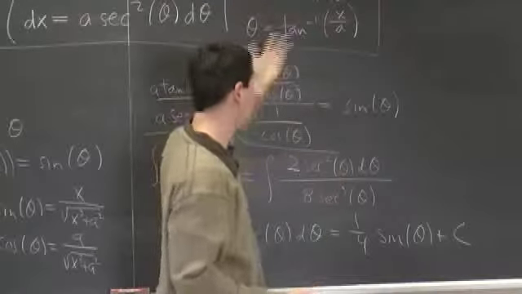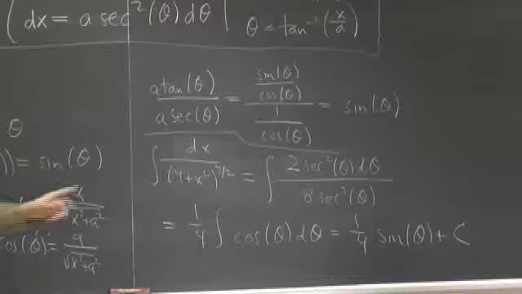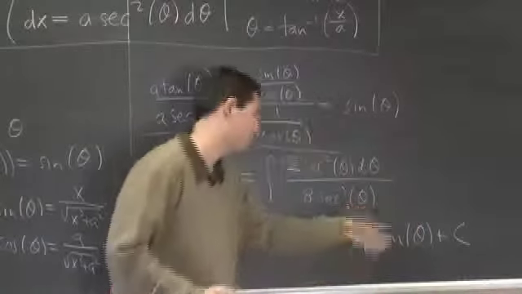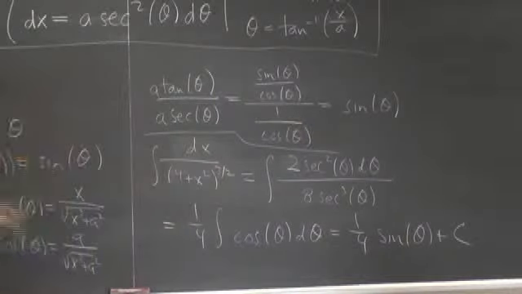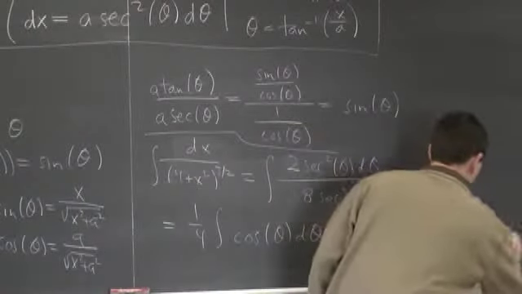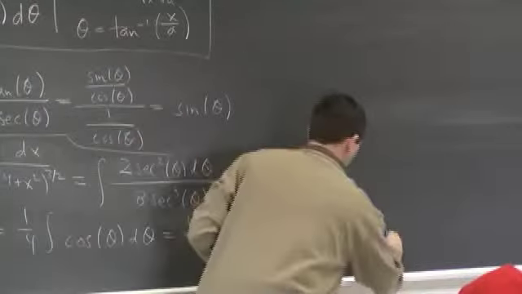You'll find this is typically the case when you do these trig substitution problems, that your answer is going to involve sines and cosines or another trig function, but once you know your sines and cosines, you can do the rest of them. So this just becomes a fourth x over the square root of x squared plus 4 plus c.